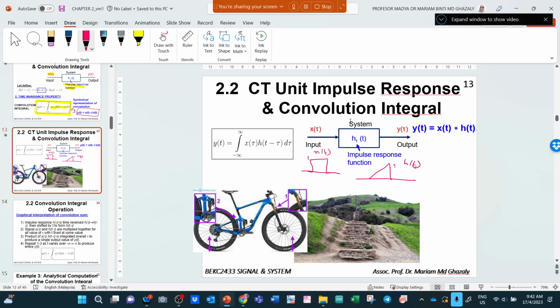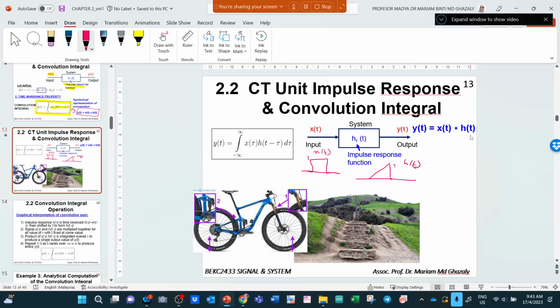But sama saja, kalau you choose that xt is the simple signal, then we are going to do that as a shifting, and ht will be fixed. Okay, if another student feel that, oh, I think that ht is simpler, okay, so you want to shift this ht and you want to fix xt pun boleh, you will get the same answer yt in the end.